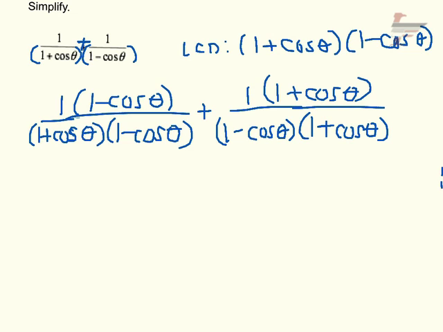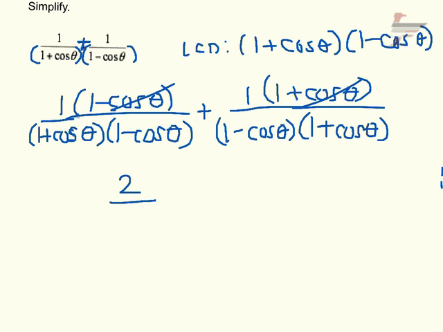And again, don't cross these out, because then you would just undo what you did, which would be absolutely ridiculous. But now that I have a common denominator, I can add these two together, and I should distribute the 1 through, but I'm sure you can see that that does not change a thing. So I have 1 minus cosine plus 1 plus cosine. So my cosines are going to cancel out. I'm going to have 1 plus 1, which is 2.